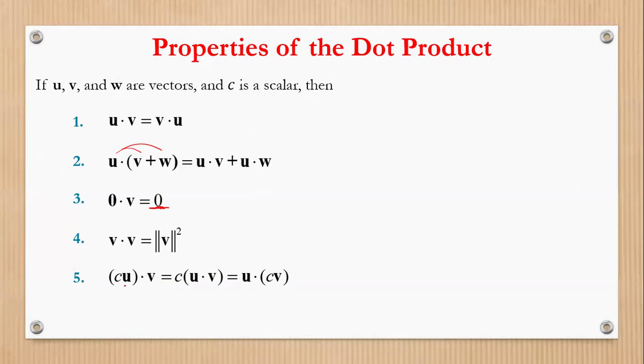And if we have a scalar c multiplied by a vector u and then find the dot product of that new vector with vector v, it can be the same as finding the dot product of u and v first and then multiplying by c. Or it can also be the same if you multiply that scalar c by vector v and then find the dot product with u. So all of them are the same.